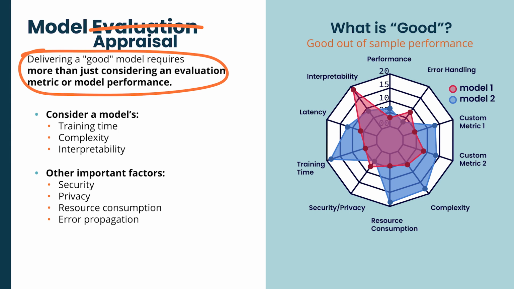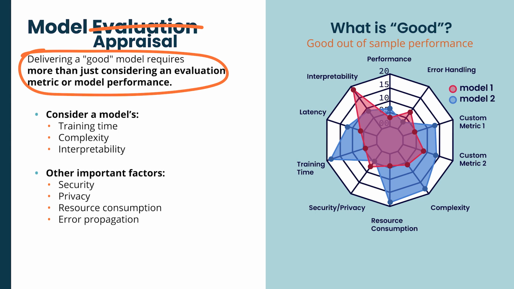We could consider a factor like trying to understand how a model is generating a prediction. We call this interpretability. We could also consider the latency, or lag time, between providing data to a model and making a prediction. Similarly, we could track the time it takes to train our models and use that as a factor in our model appraisal.